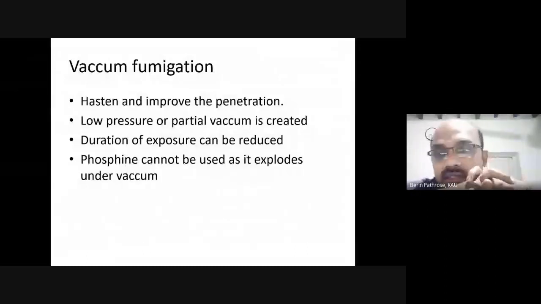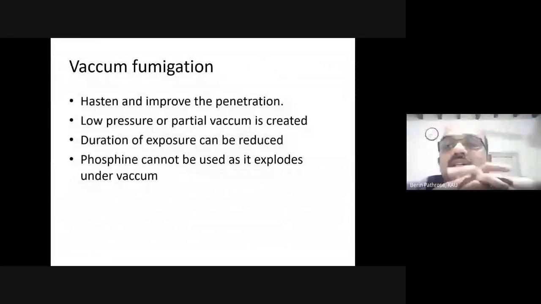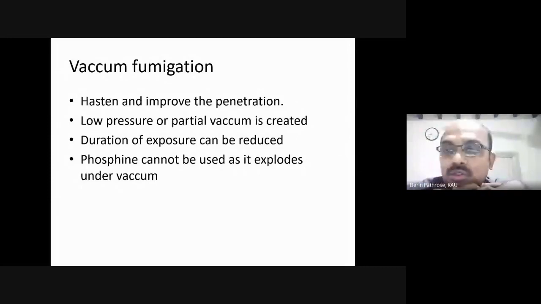Whenever I am dealing with individual fumigants, one thing is, methyl bromide was one of the most ideal fumigants which was widely used, but because of its ozone depleting property, its use is restricted. In certain countries it is banned.